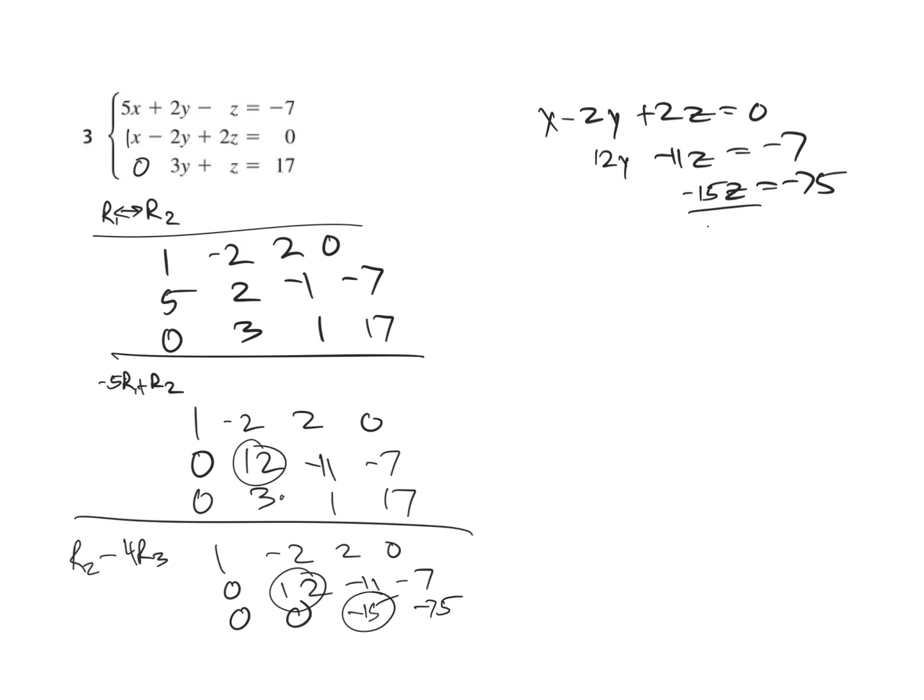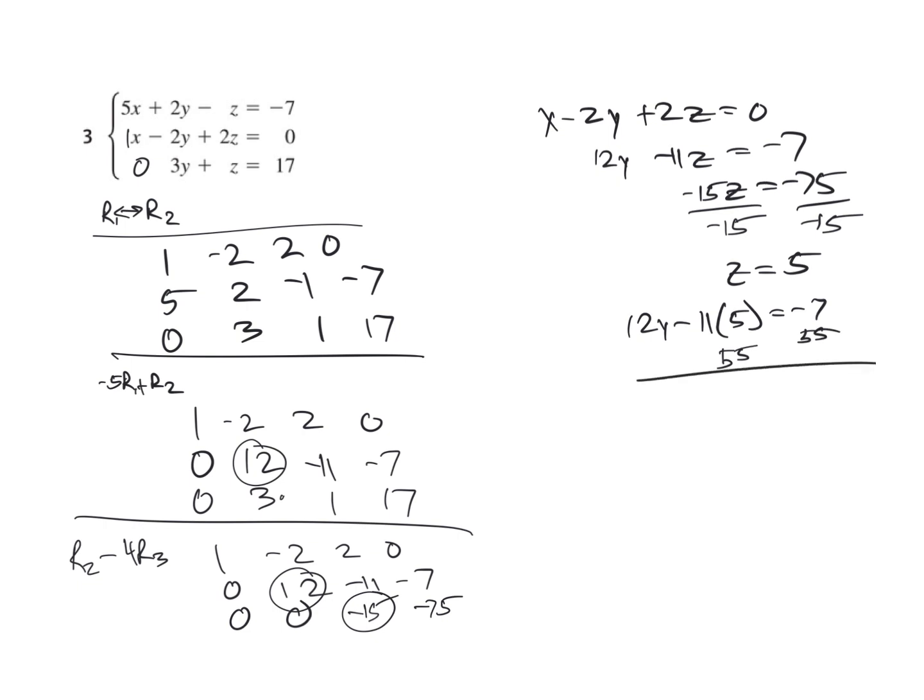So if we divide off the -15, z equals 5. If z equals 5, then 11 times 5 is 55. So we add 55 to the right, and we get 48 equals 12y.